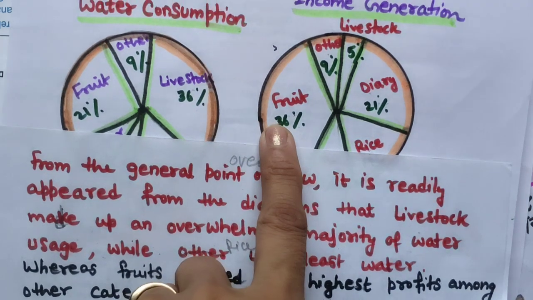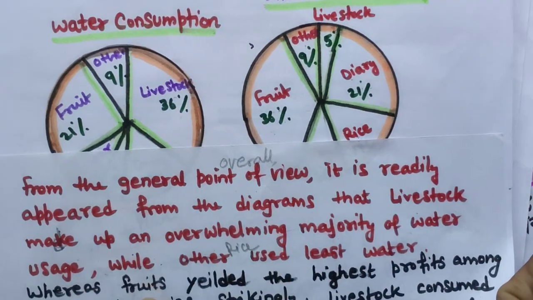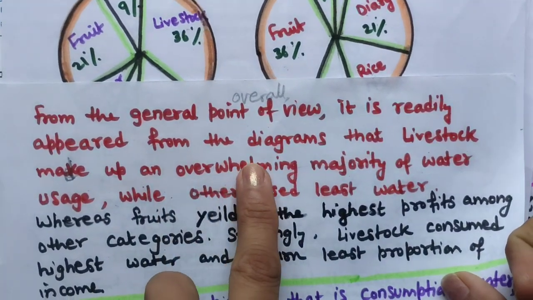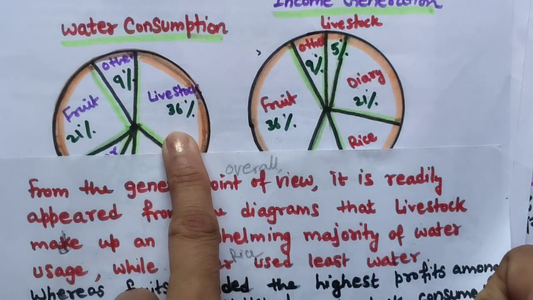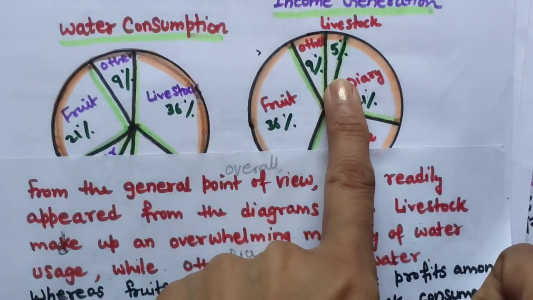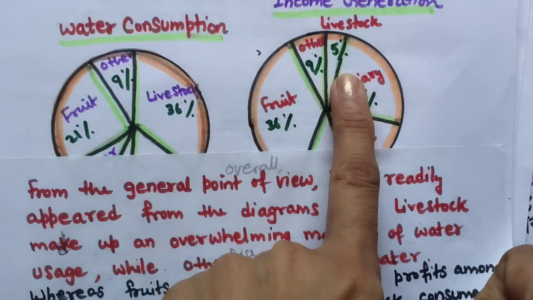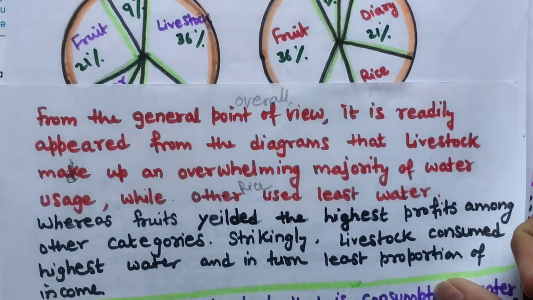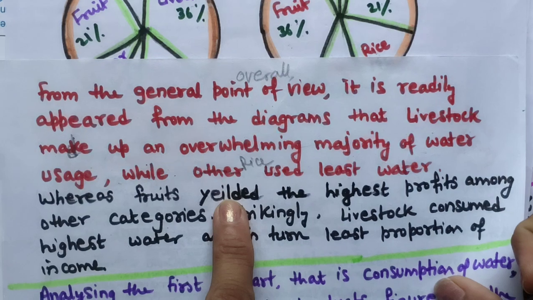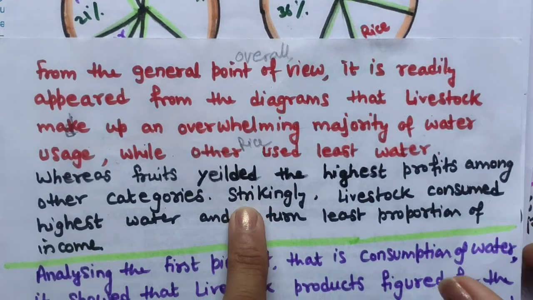Look at this, fruits. In simple language I am telling you, or otherwise you can write: surprisingly, this livestock had consumed more water, but in return it had given the least amount of profits to the country. But I have not written in that style, I have written in simple language.